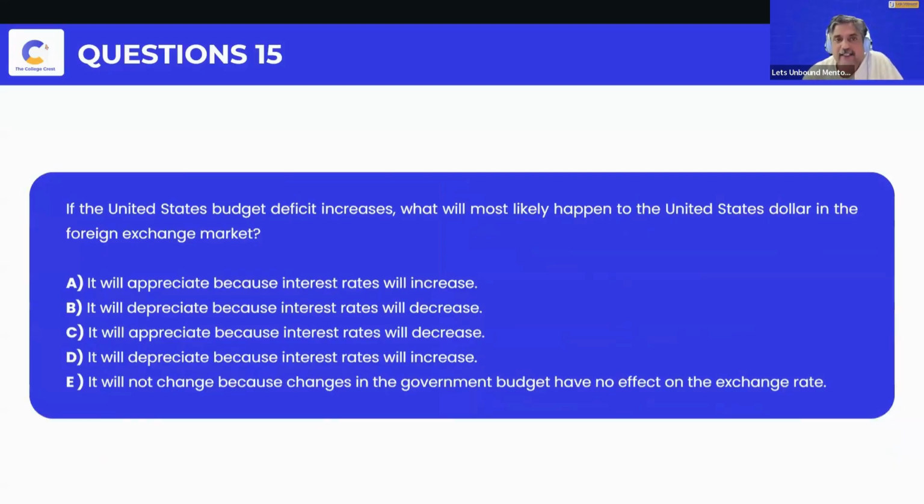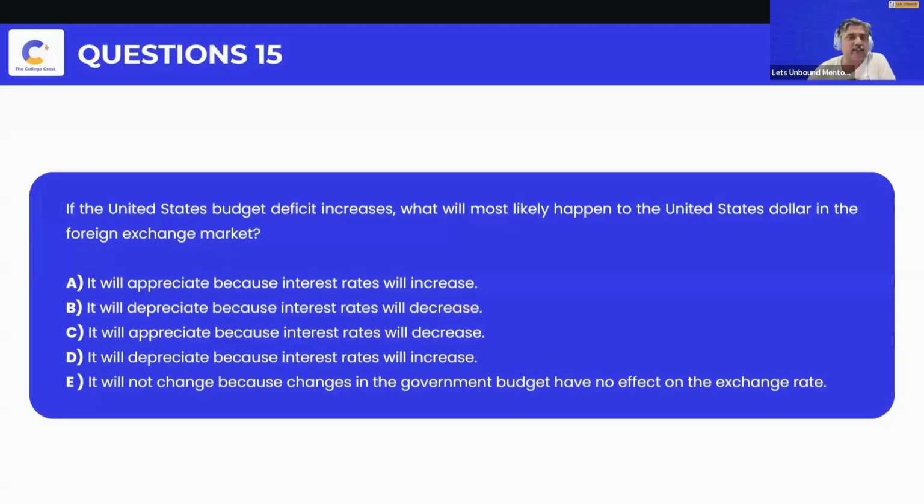If the United States budget deficit increases, what will most likely happen to the United States dollar in the foreign exchange market? If the United States budget deficit increases, the United States government wants more money to fill that gap, so they will borrow a lot of money, which would obviously result in an increase in the interest rates.